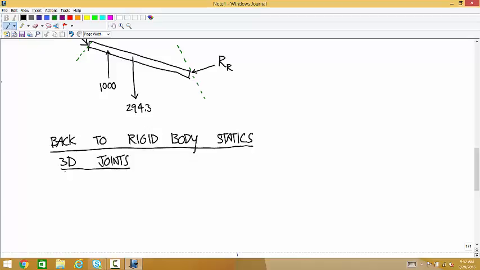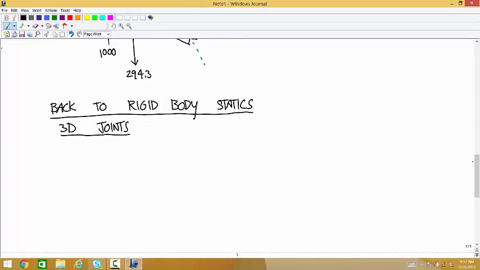And I'm going to go through everything in the same order I did with 2D joints. I'm going to start with joints that provide one variable to your equations, then I'm going to go to joints that apply 2 variables, and so on.